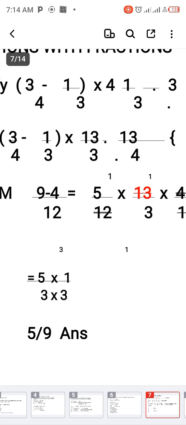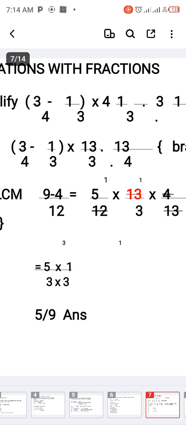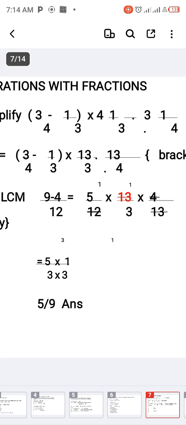Then for 1/3, 12 divided by 3 is 4, and 4 times 1 is 4. Then we have 9 minus 4 over 12. So the solution to the one in bracket is 5 over 12.